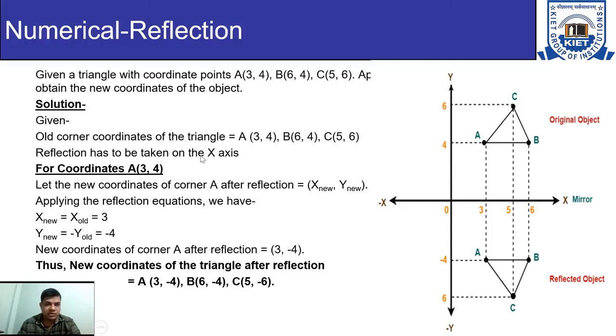So the coordinates (3, 4), (6, 4) and (5, 6) now become (3, -4), (6, -4) and (5, -6). Finally, the position of the object shifts from the first quadrant to the fourth quadrant.